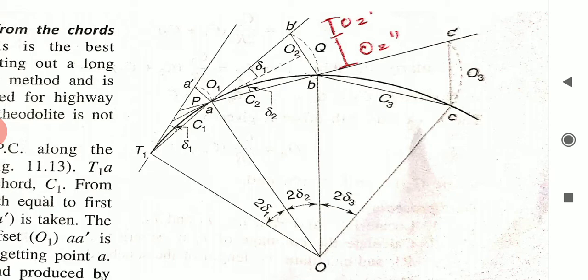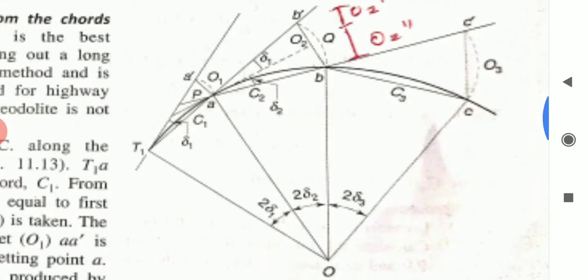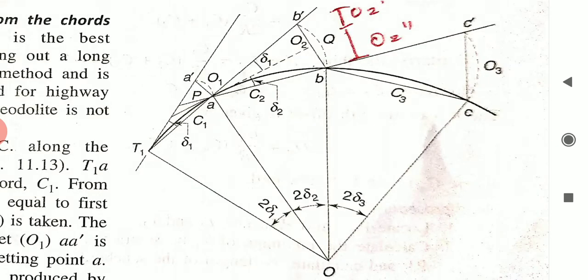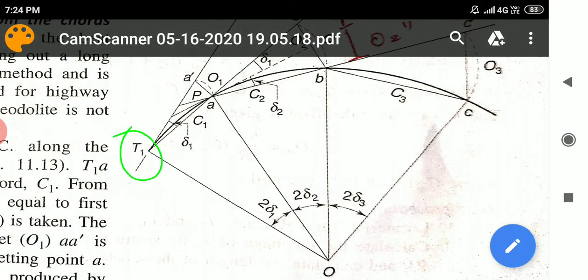T1 is the point of curve. Please refer to the figure while I am explaining in the video. T1 is the point of curve along T1I, and T1A is the first subchord, C1 is the subchord.